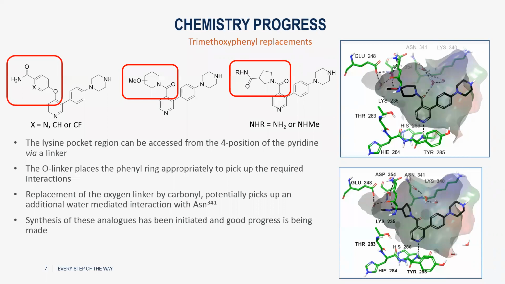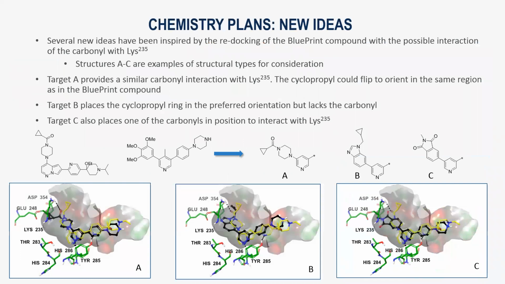Yeah. And finally, these are some more new ideas we've had. This is looking at the blueprint compound and comparing it with our series and doing some overlays, and looking at replacing the trimethoxy phenol by something like a piperazine with a cyclopropyl amide on the end.